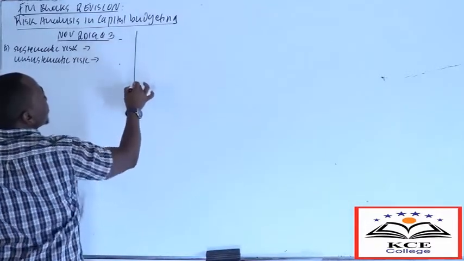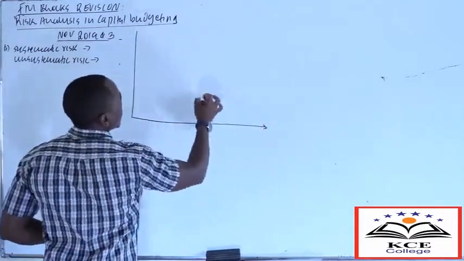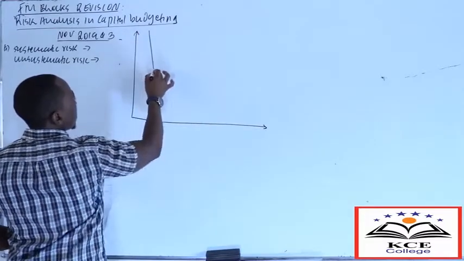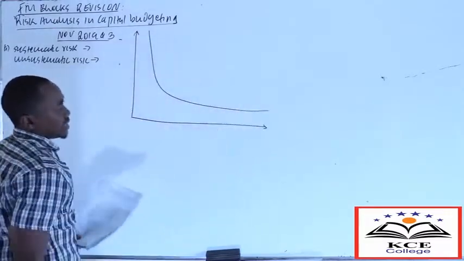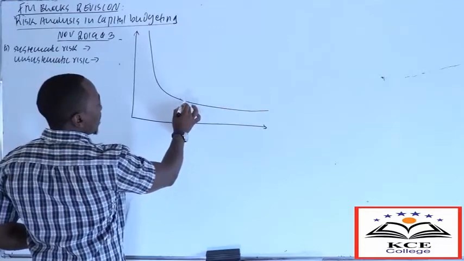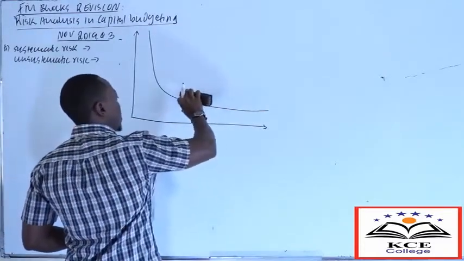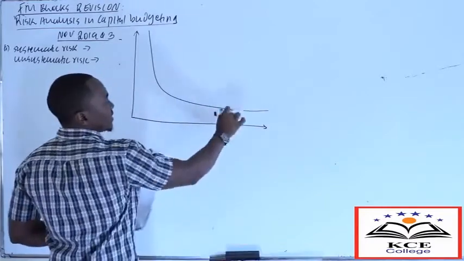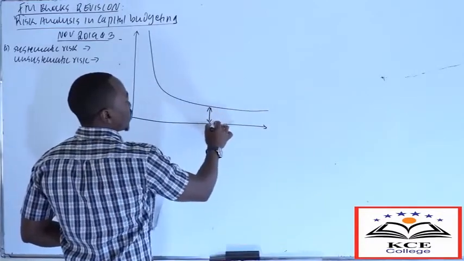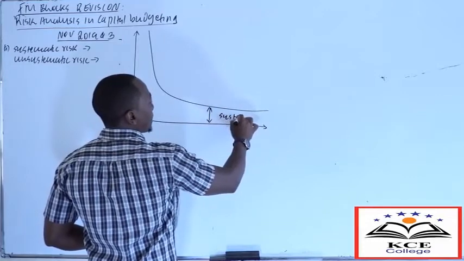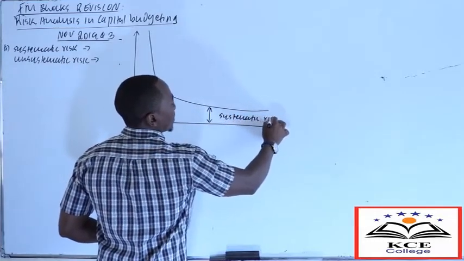Now, if you are to present them using a diagram, like that. You see where they are the same. This is what we call systematic risk.